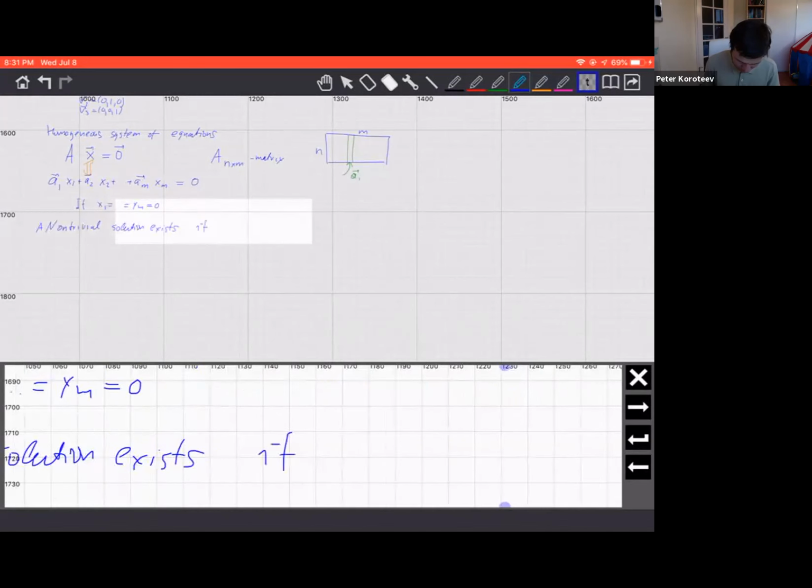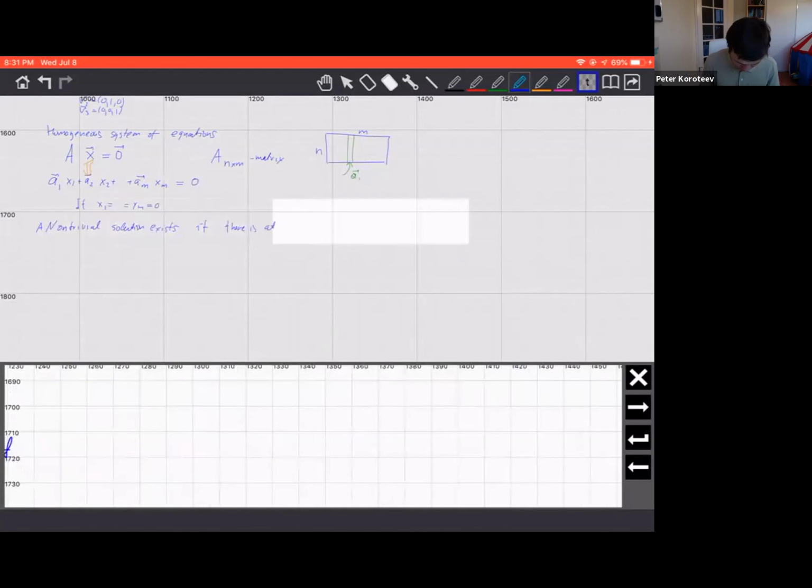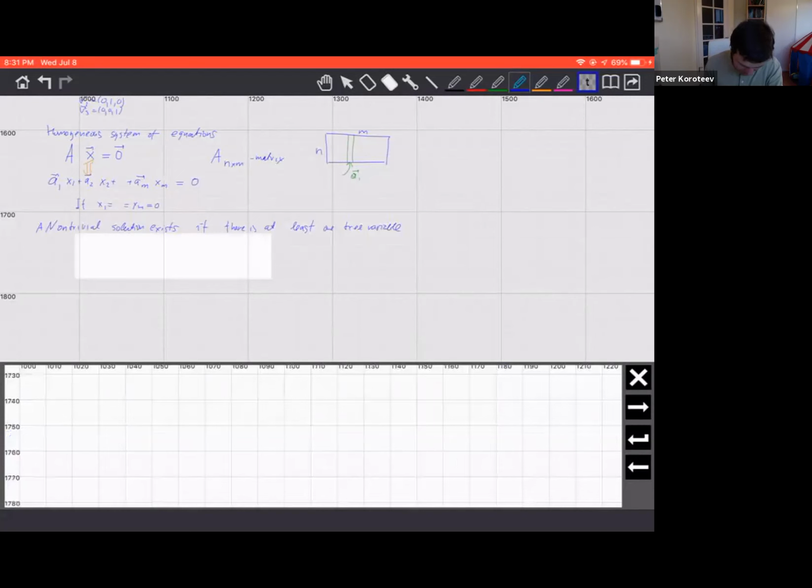If there is at least one free variable, then the echelon form of the matrix should look like this.